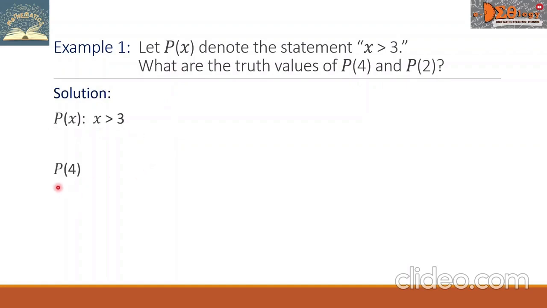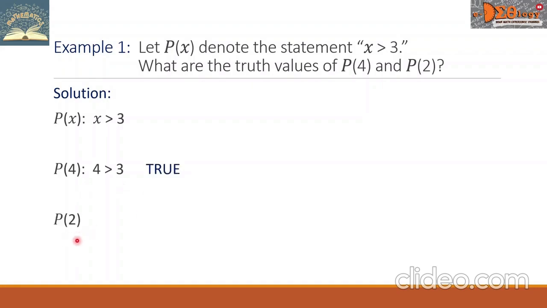Now let's begin with P of 4, meaning we will substitute this value 4 for the x on the right. So we have 4 is greater than 3. We know that 4 is greater than 3, and that is true. So the truth value for P of 4 is true.